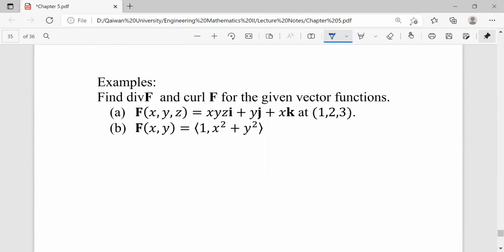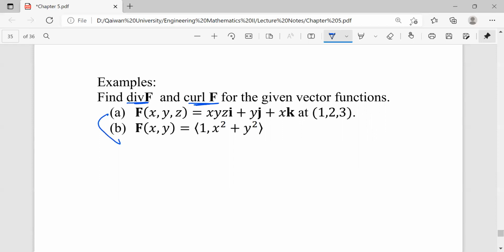Here we have two examples. It says find the divergence of F and the curl of F for the given vector functions. For finding divergence and curl, we must be given a vector field, not a scalar field. A scalar field is a function, but a vector field has components i, j, and k.